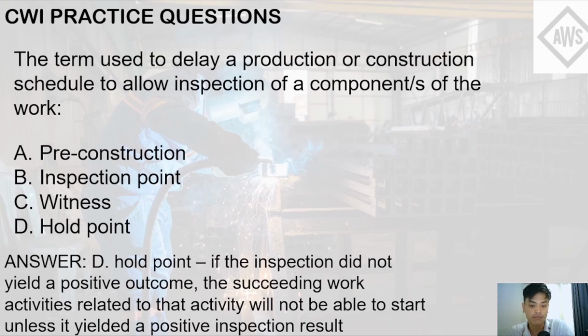Thus, if he finds it unsatisfactory, the welder needs to rectify the joint preparation to the acceptance criteria so as to proceed with the succeeding activity, basically to weld the joint.